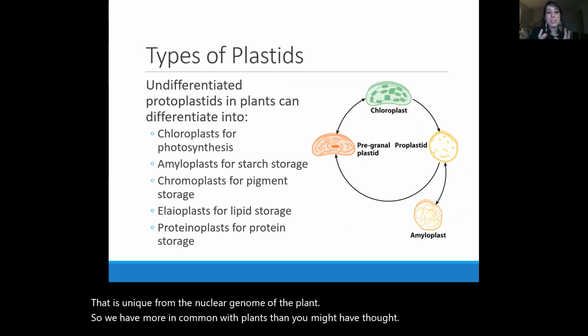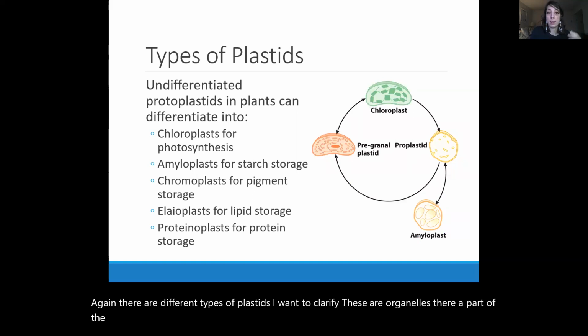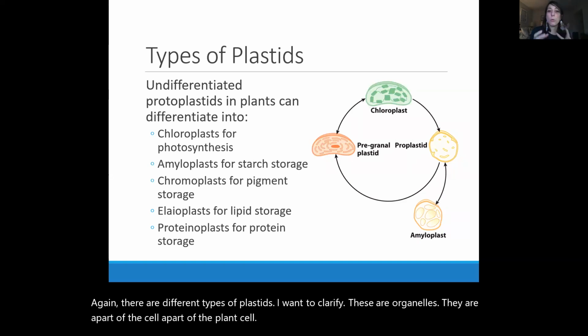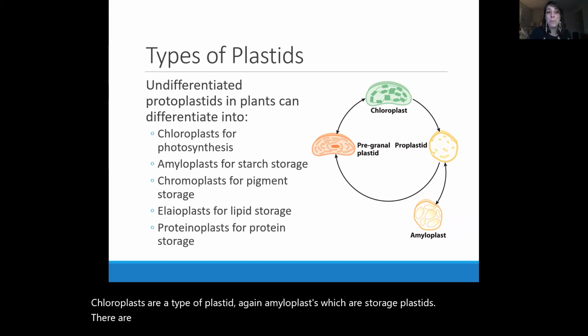Again, there are different types of plastids. I want to clarify, these are organelles. They're a part of the cell, a part of the plant cell. Chloroplasts are a type of plastid. Again, amyloplasts, which are storage plastids. There are chromoplasts, which actually just give pigment. They store pigment.